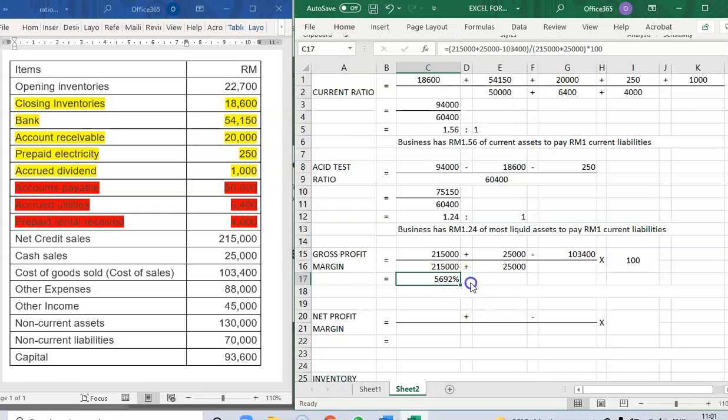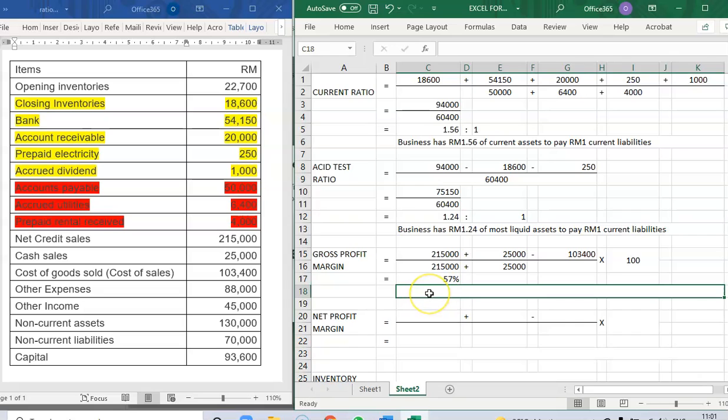Let's put 57%. So your explanation would be: the business can earn RM57 of gross profit for every 100 ringgit of sales, because you use that amount 57, right?